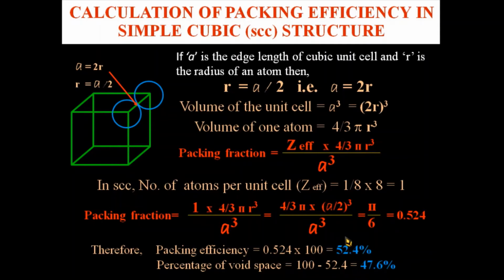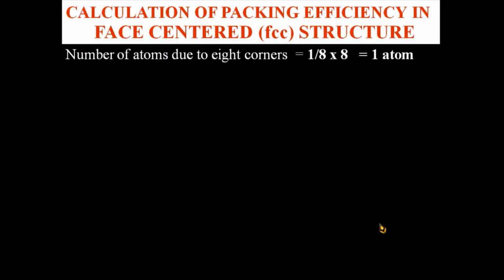Then we discuss the calculation of packing fraction in face-centered structure. In face-centered structure, 8 atoms are present at the 8 corners of the unit cell and 6 atoms are present at the centers of 6 faces.